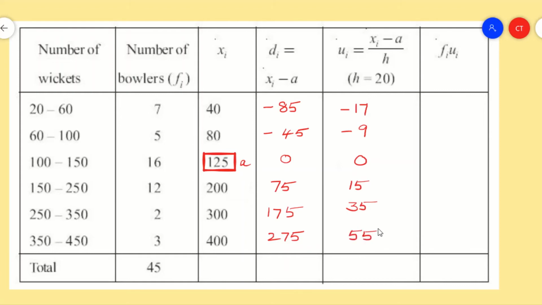The next step is to take the product of fi and the respective ui.